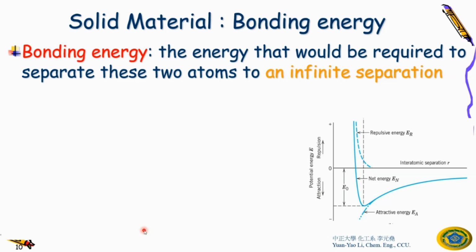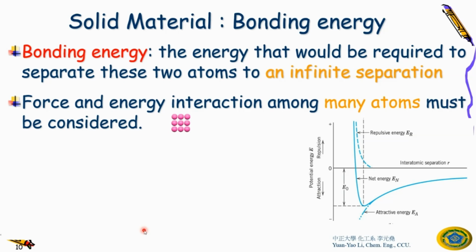It can be not only one, it can be 2, 3, 4, 5. So the bonding energy is the energy required to separate two atoms to an infinite separation, which is what we just learned. However, for solid material, the force and energy interaction among many atoms must be considered, not only two individual atoms.